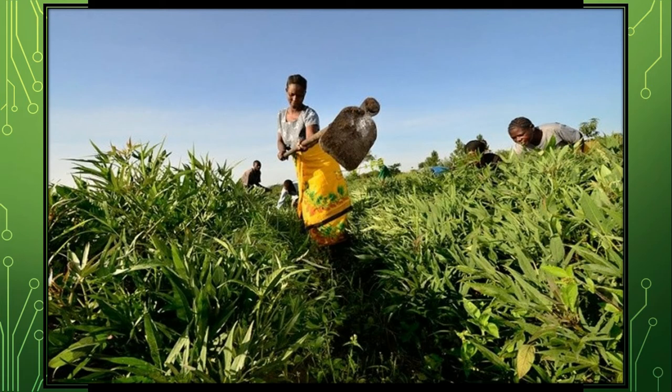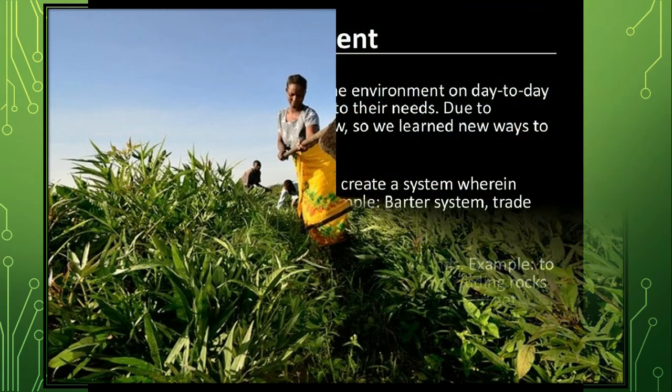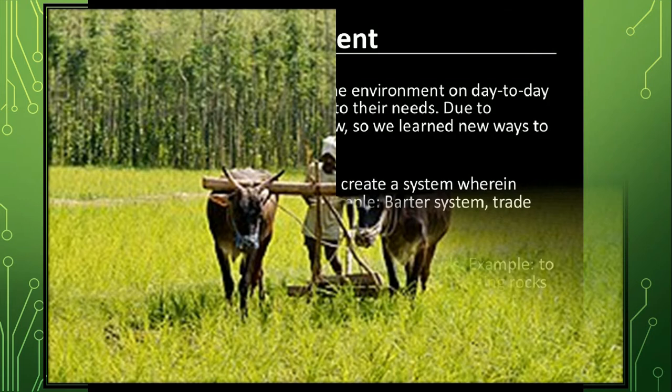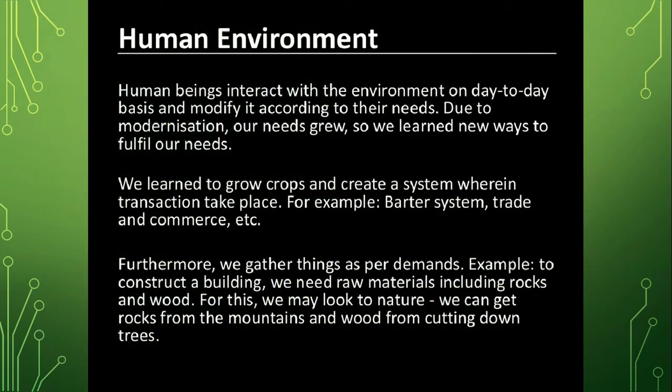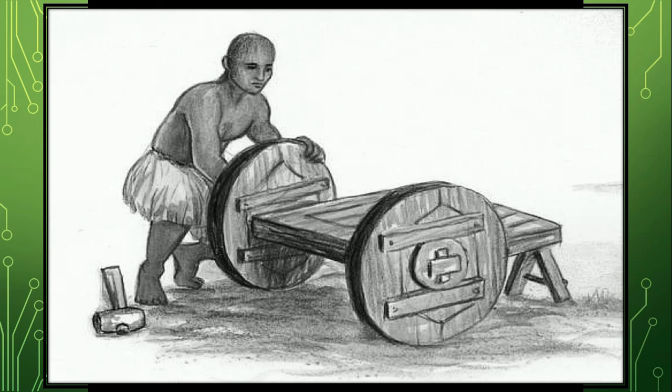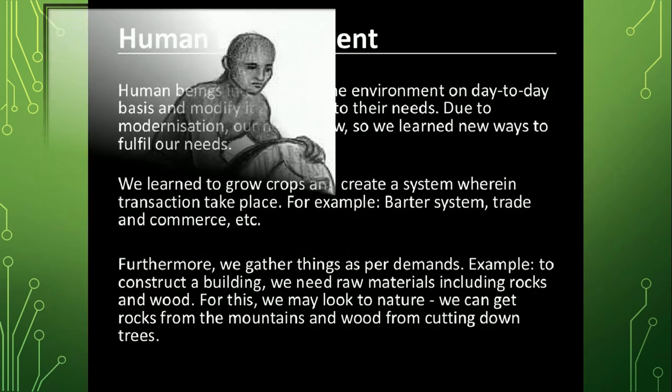Humans learn new ways to use and change the environment. They learn to grow crops, domesticate animals, and lead a settled life. The wheel was invented, surplus food was produced, the barter system emerged, trade started, and commerce developed.